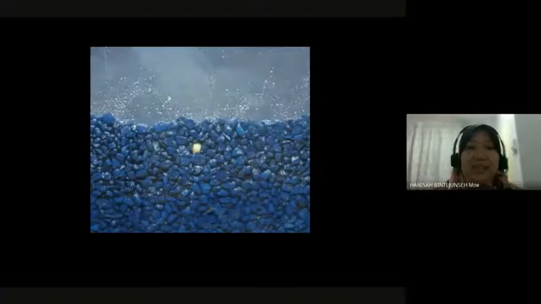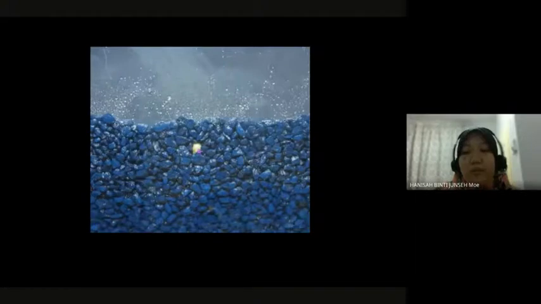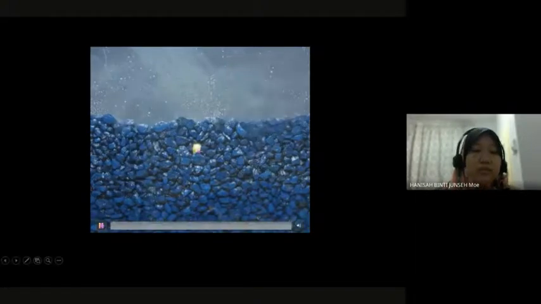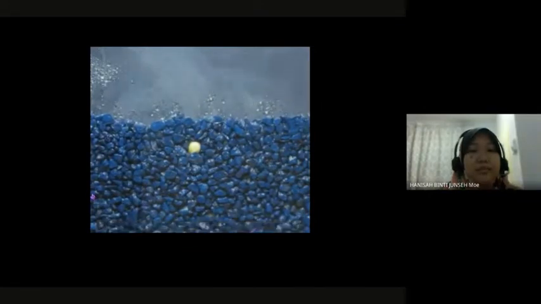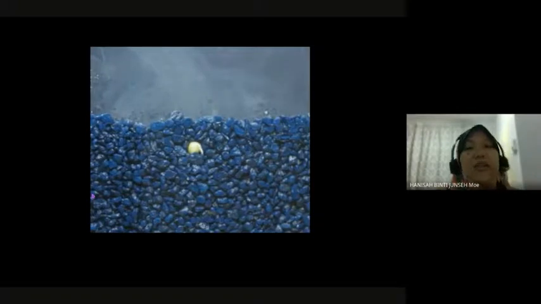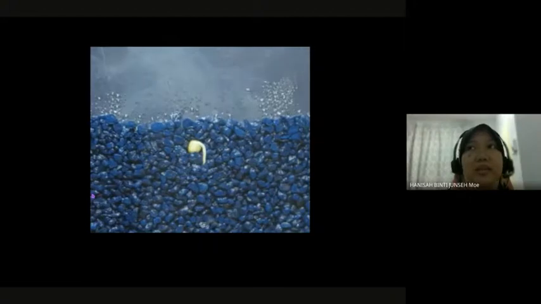Okay. So this is a video to show you, this is time lapse. Time lapse tu maksudnya dia ambil ada certain time yang kita tengok dia ada movement. Okay, this is a seed and it wants to show you the growth of shoot and roots. Okay, watch carefully. Okay, that is a root coming out from the seed.